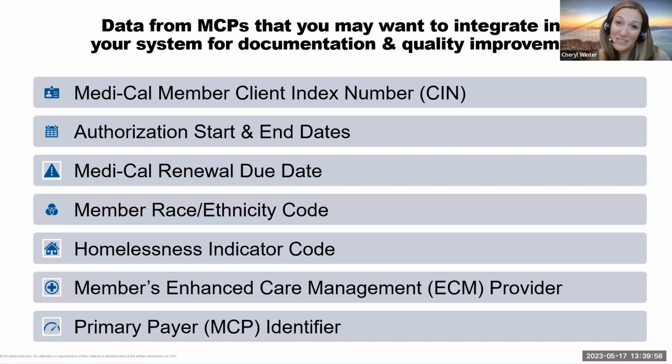You might not be using codes for some of this. So think about how you'll take that data that comes in this Excel file and import it into your system. If you're not right now tracking race and ethnicity, this is a great way to start tracking it and to start looking at, are there differences in outcomes and how people are served, or in client satisfaction, or any other measures that you're right now looking at? Is it different by race and ethnicity? And what can you do then to address it?